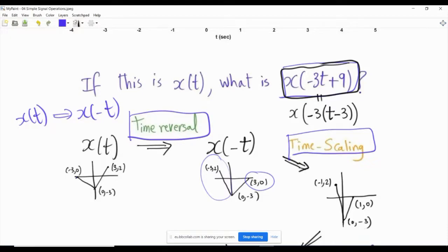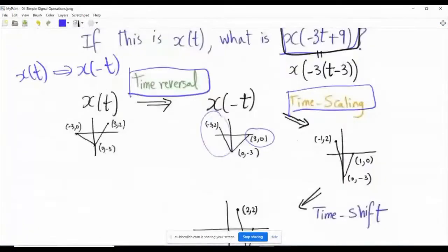But here we are talking about time scaling, which means that you take a signal of time, let's say g of t, and then you make it g of 2t, or g of t divided by 2. So if we do time scaling, this guy is g of t. Here what I'm doing is g of 3t.